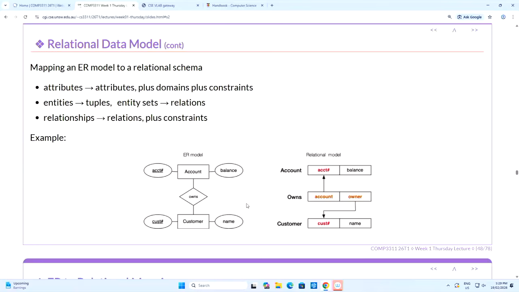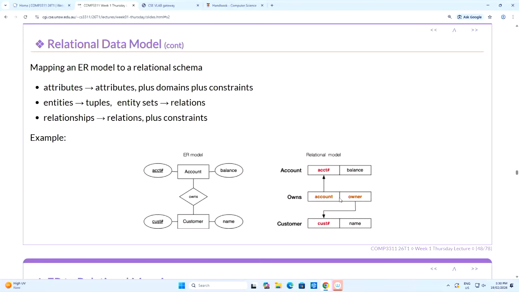owns relationship. So for owns, we create a table, and the primary key of this relationship is the combination of the primary keys of accounts and customers. So for owns, account and owner together are the primary key.